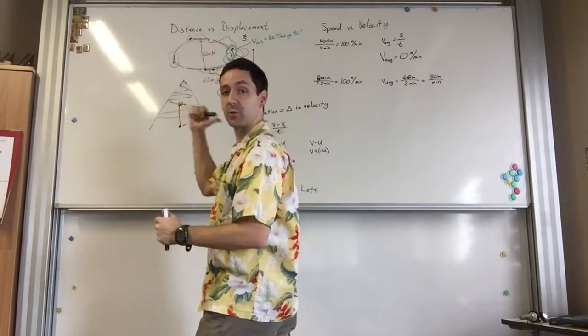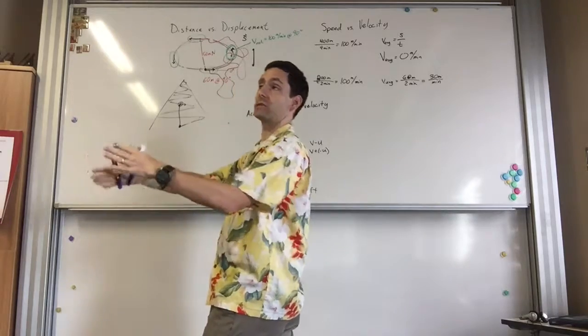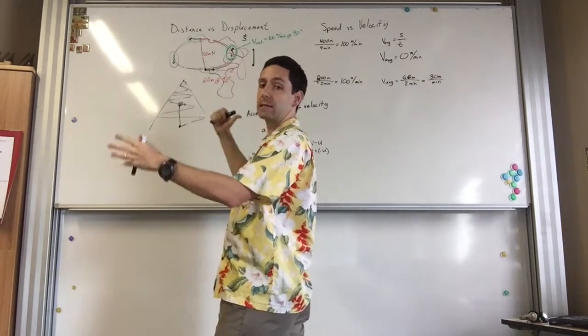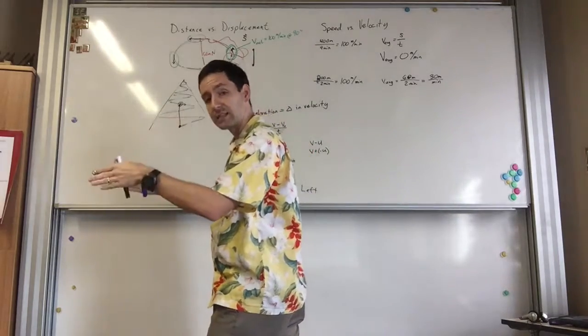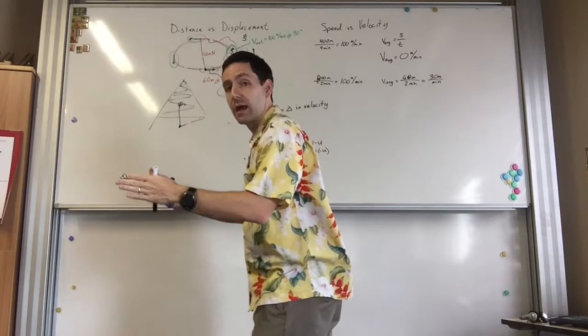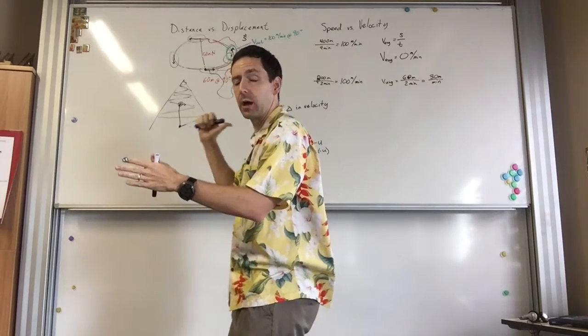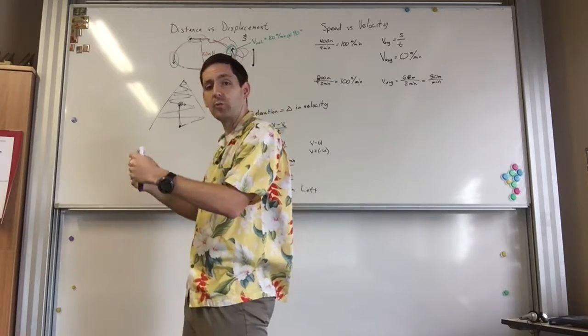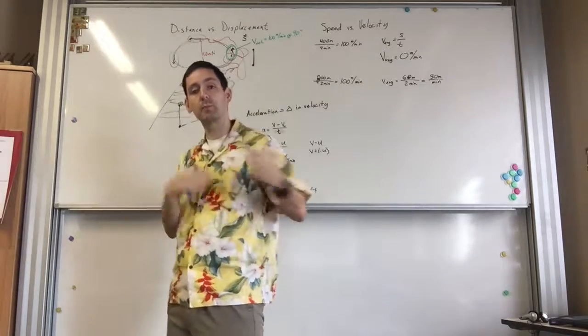A negative velocity with a positive acceleration is telling me that the velocity is changing in that direction. So if it was highly negative, and I have a positive acceleration, my velocity is going to become less negative. It's going to become closer to the positive.